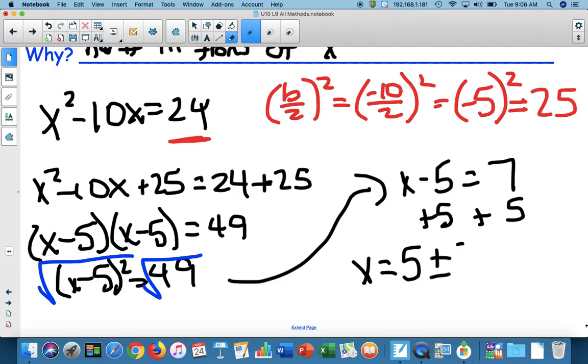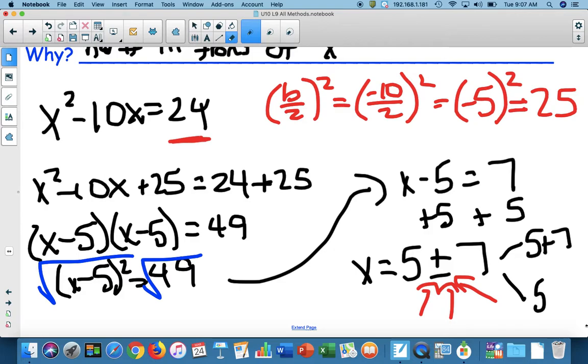That plus or minus doesn't go away. That's very important. Very important for you to remember this plus or minus right here. That plus or minus is so important. I can't stress that enough. Alright, guys? From here, now we just do the simple math. We do 5 plus 7 and 5 minus 7.